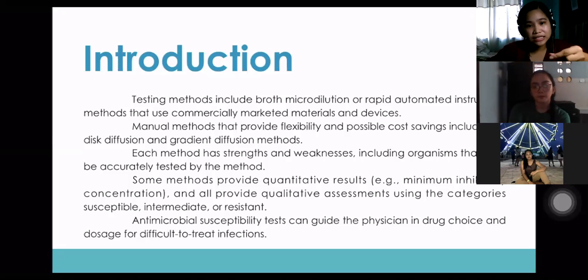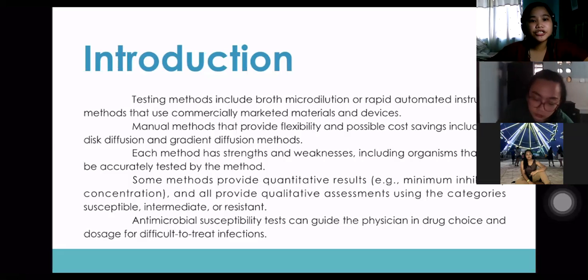So that disc is being placed in an agar. So ang solid agar is being placed sa plate. That is why ginatawag siya nga disc diffusion and gradient diffusion methods, because we are using the small disc, which is a punch size paper, and then we are placing that to the solid agar.